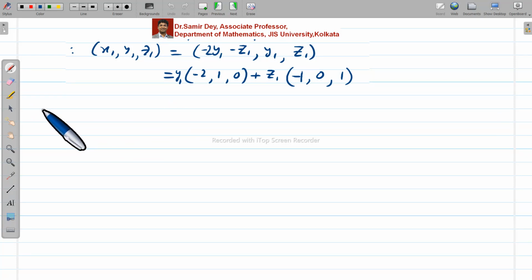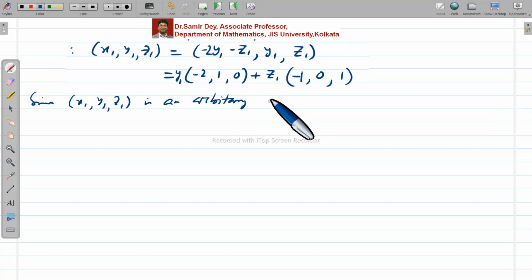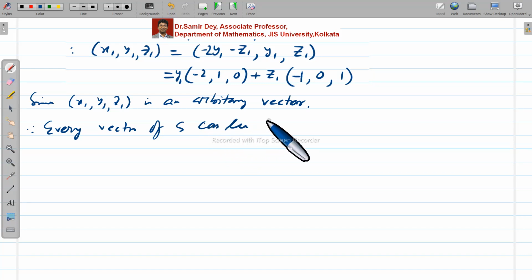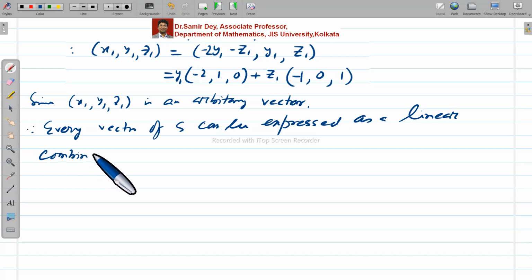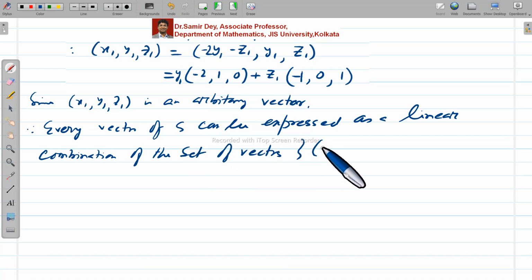So from here you may write, since x1, y1, z1 is an arbitrary vector, therefore every vector of S can be expressed as a linear combination of the set of vectors, that is -2 1 0 and -1 0 1.